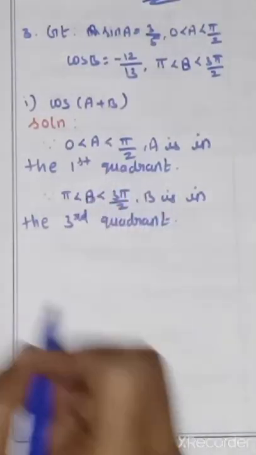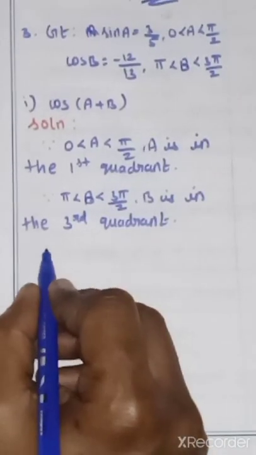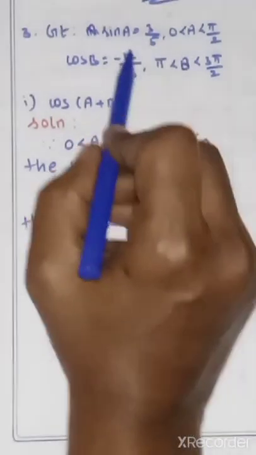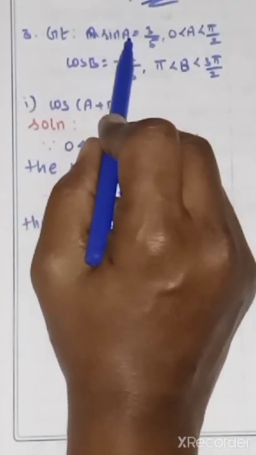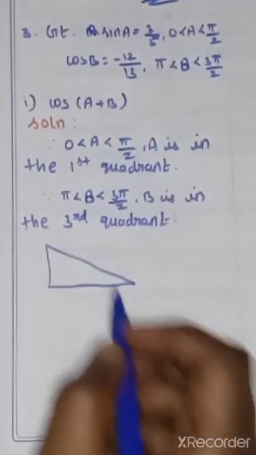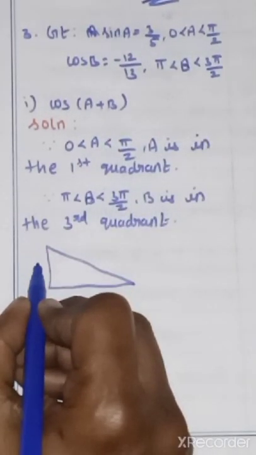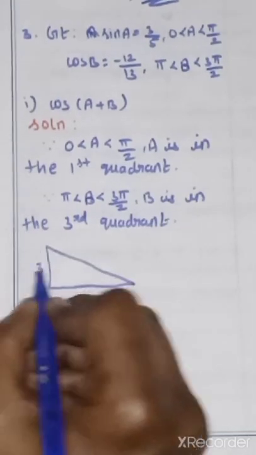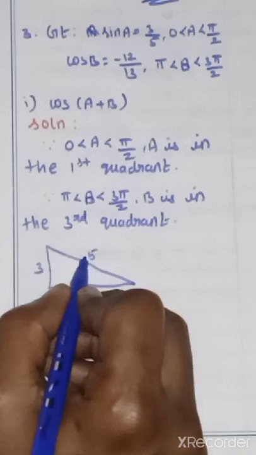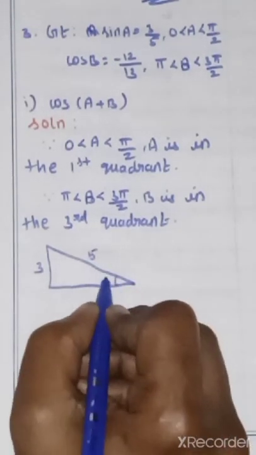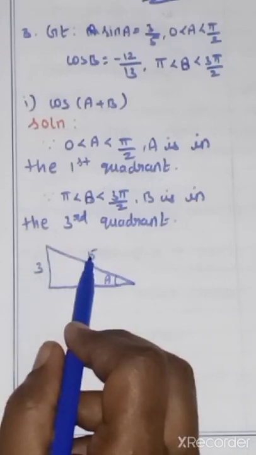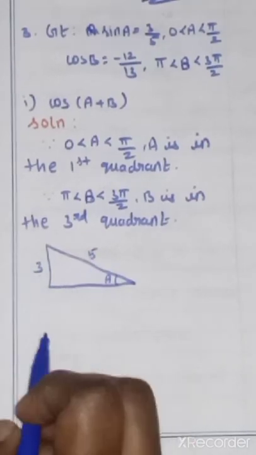If I take the first quadrant, we can take a right angle triangle. Sin A equals 3 by 5, opposite side and hypotenuse. So this is your A angle. Opposite by hypotenuse is sine, so 3 will come here, 5 will come here.